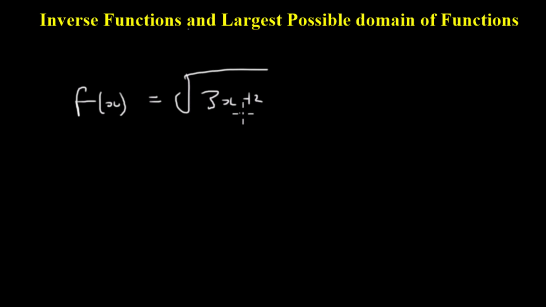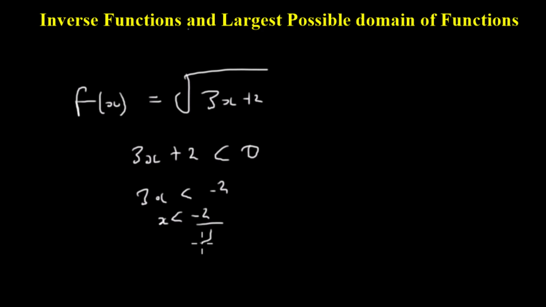So for this not to have any value, it must mean that 3x plus 2 is less than 0. If you solve this inequality, we see that 3x is less than minus 2 and divide both sides by 3, so we have x is less than minus 2 over 3.